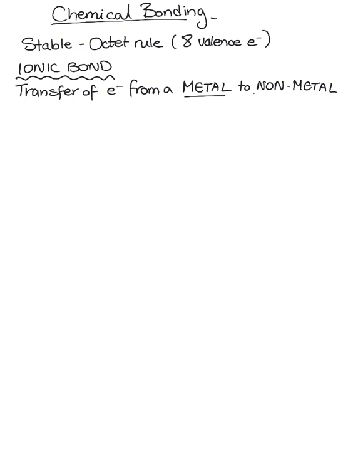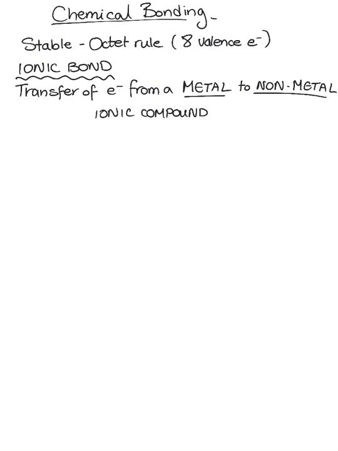Now we know that most of our metals are on the left-hand side of the periodic table and our non-metals are on the right-hand side of the periodic table. Now, when a metal and a non-metal react, we end up with something called an ionic compound. That's why we call it an ionic bond.